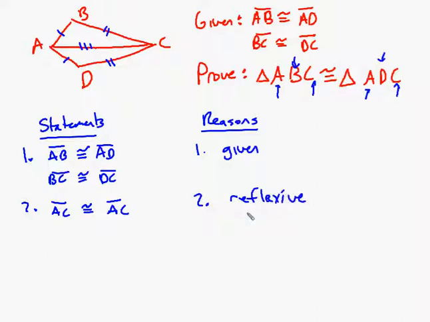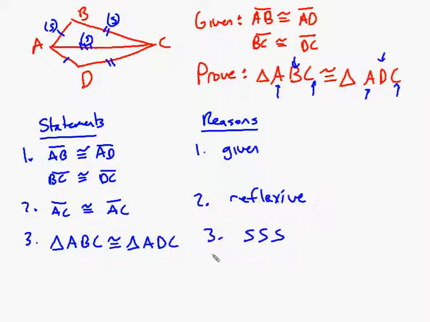Something equal to itself, that comes up a lot. So when I'm doing my diagram, I might write on one of the triangles, I have a side, I have a side, I have a side. So this is proof by side, side, side. So triangle ABC is congruent to triangle ADC by side, side, side. And I'm done.